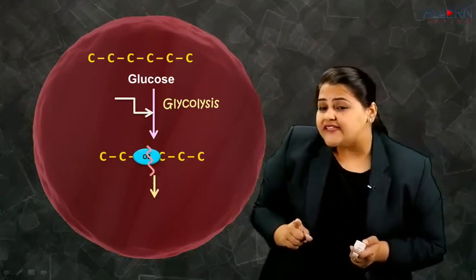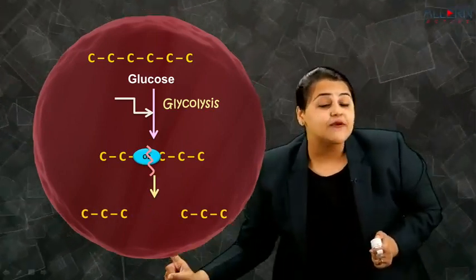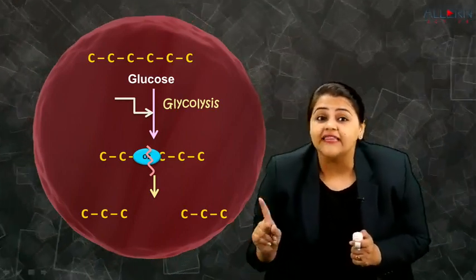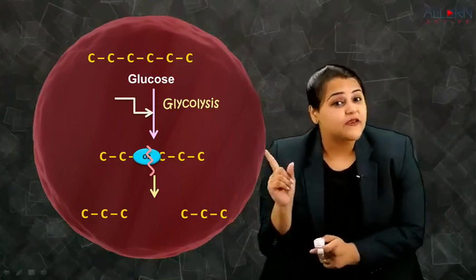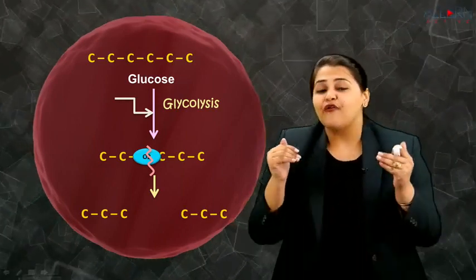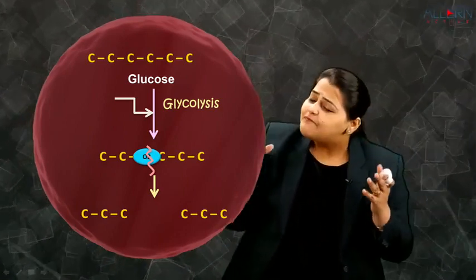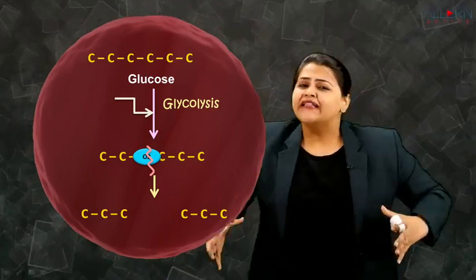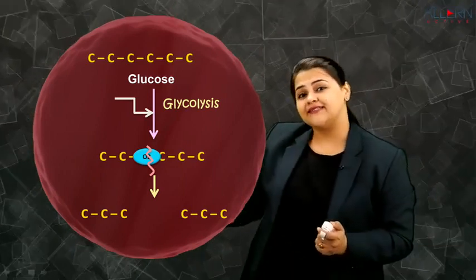And when it breaks down, it fetches us 2 molecules of 3-carbon compound. So did you see over here? Breakdown has occurred, and this breakdown is because of oxygen. And this breakdown, which is because of oxygen, is therefore termed as oxidation of glucose molecules. And because the glucose molecule is breaking down, the entire process is called glycolysis.